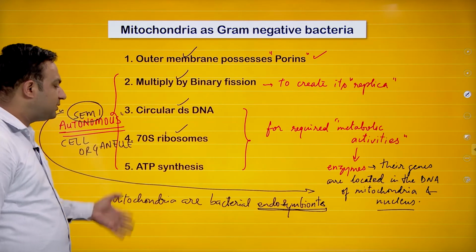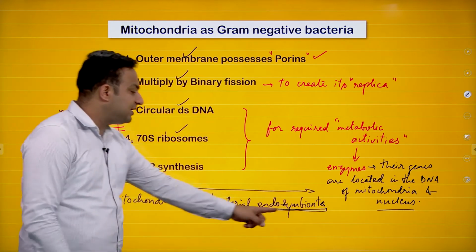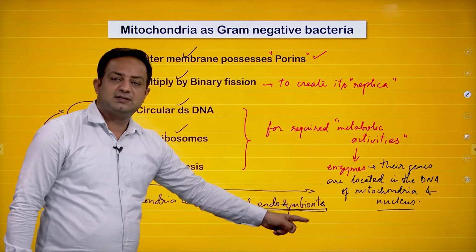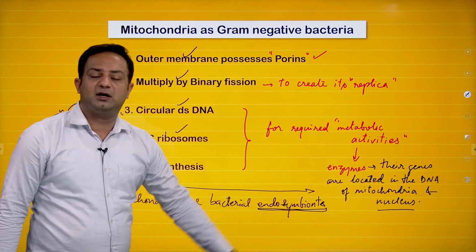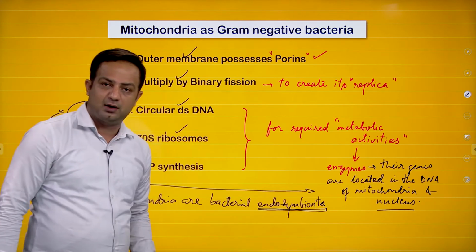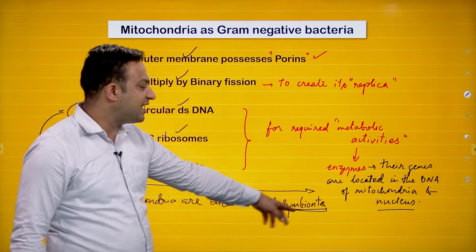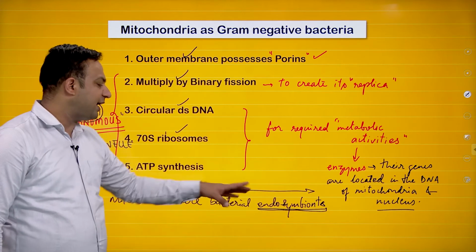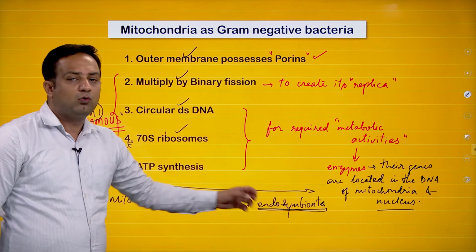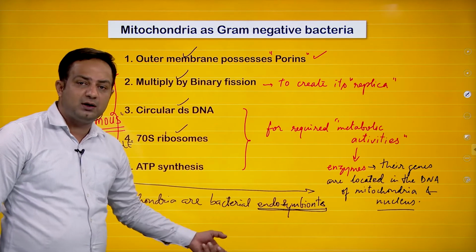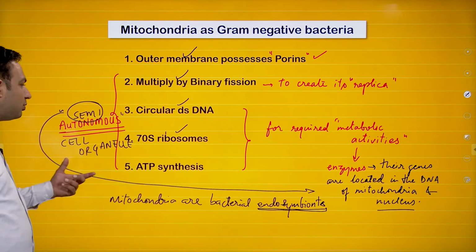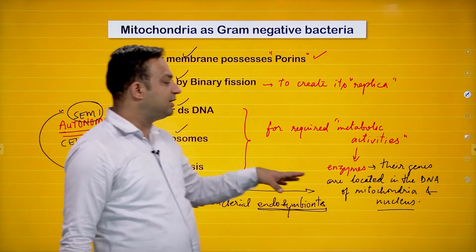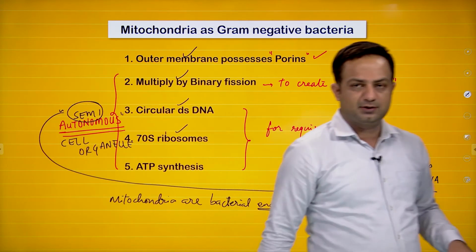Bacterial endosymbionts means they are symbiotic because they cannot perform all the metabolic activities outside the cell. They require enzymes which are made by nuclear genes. Hopefully it is very clear why they are not completely independent, not completely autonomous, because of their dependency on the nuclear genes.